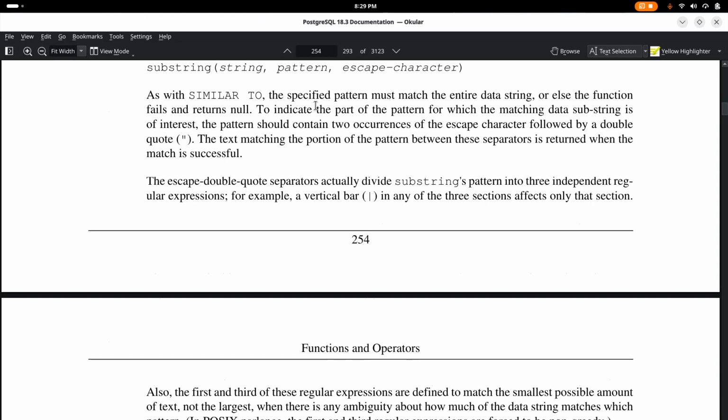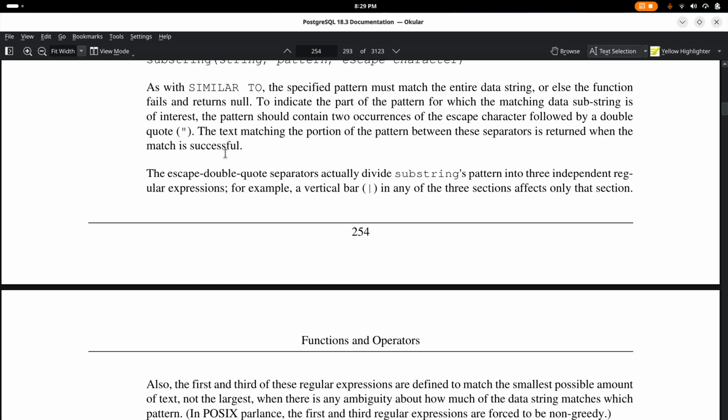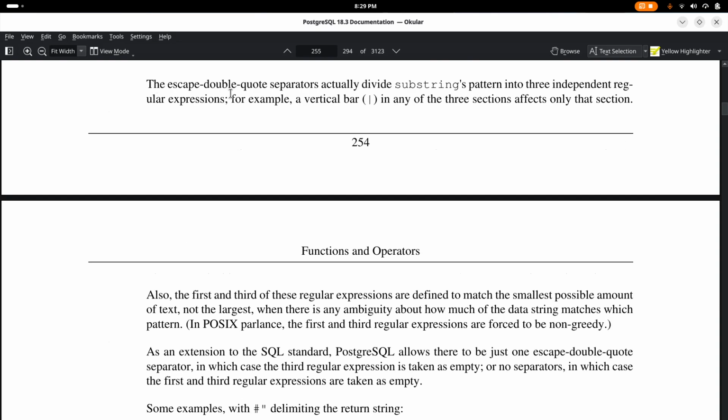As with SIMILAR TO, the specified pattern must match the entire data string or else the function fails and returns null. To indicate the part of the pattern for which the matching data substring is of interest, the pattern should contain two occurrences of the escape character followed by a double quote. The text matching the portion of the pattern between these separators will be returned when the match is successful. The escape-double-quote separators actually divide the pattern into three independent regular expressions.